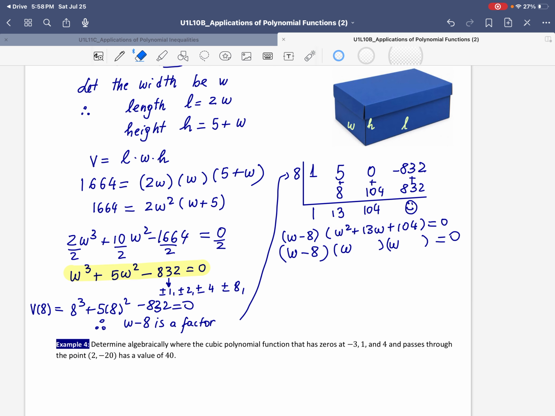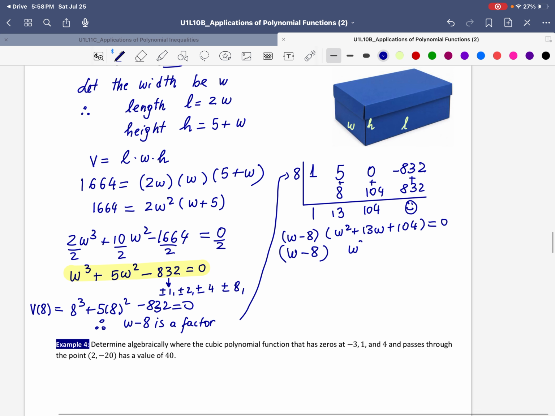So remember that technically what we have to do is make w squared plus 13w plus 104 equal to 0. And when you try to solve this using the quadratic formula, then you'll see that the discriminant expression inside the root, 13 squared minus 4 times 1 times 104, will be a negative number. And to be more precise, is negative 251.